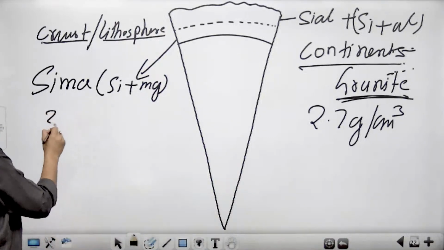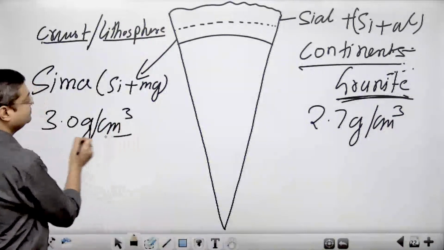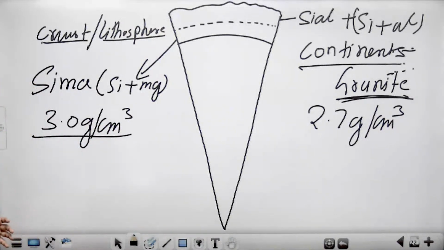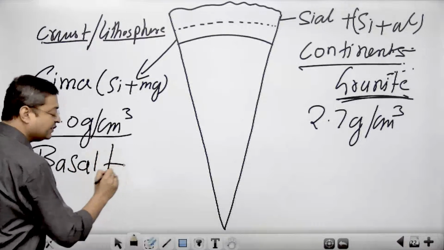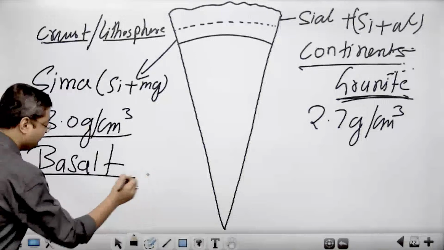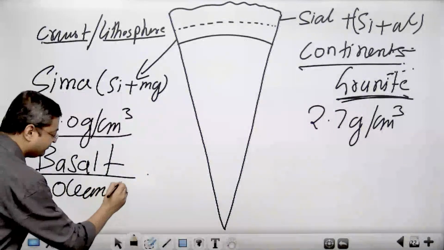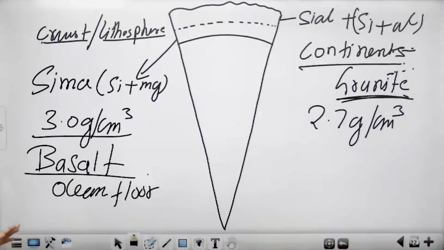So sima has an average density of 3 gram per cubic centimeter. Sima is basically composed of basalt. Again, it is a very hard type of rock, and it forms your ocean floor. तो जहां ocean floor मिल जाए, that is sima. जहां continent मिल जाए, वहां पे sial. But obviously there is a difference in density, ठीक है.